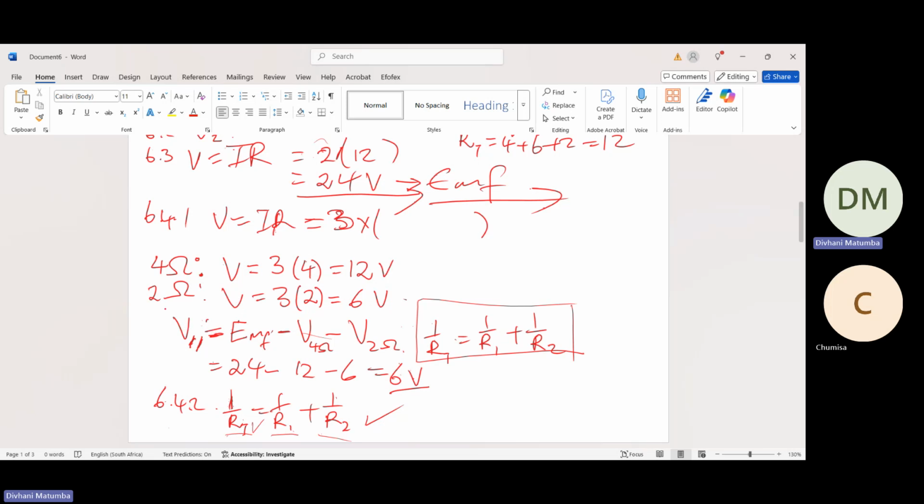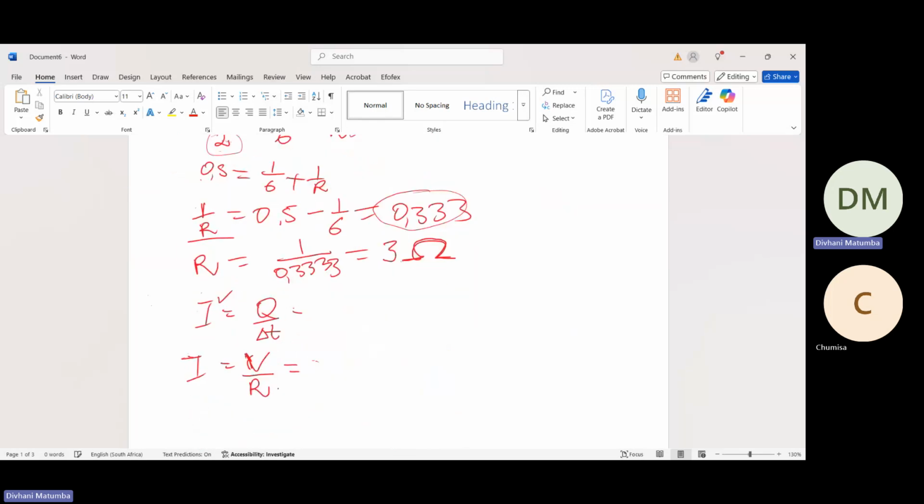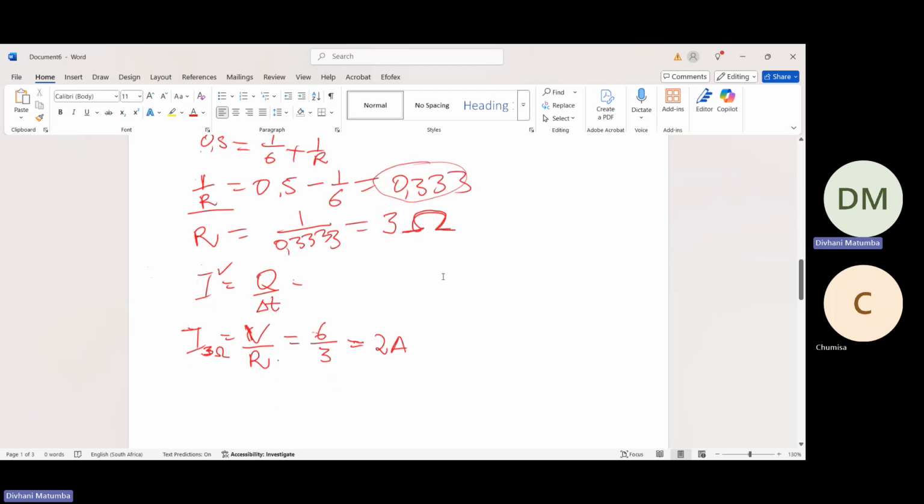I agree with you. So we have 6 divided by the resistance across the 3 ohm resistor, which is 3. Now, 6 divided by 3 will give us 2 amperes.